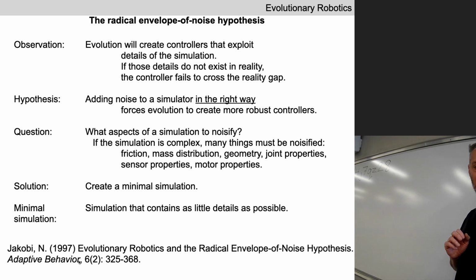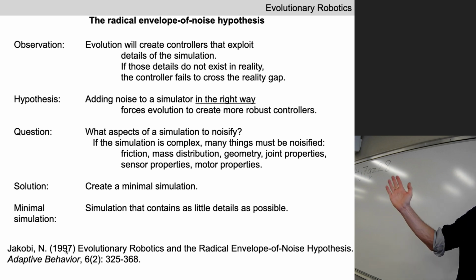This was written up and published in 1997. And as I've said a few times in this course, physics engines didn't arrive until the year 2000. That being said, before the year 2000, there were people that were knocking together things that were not quite physics engines, but they were simulators or models that people were using to evolve controllers.